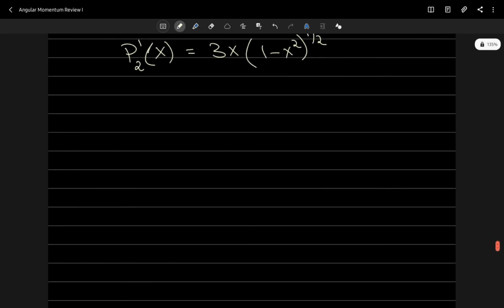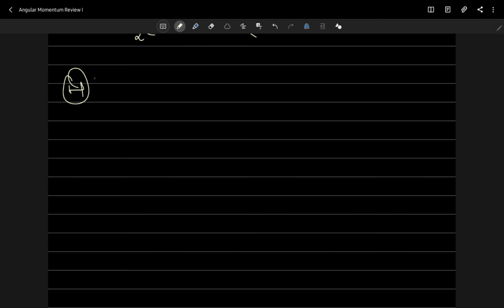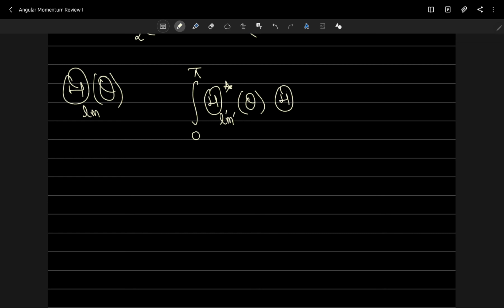Now these functions that we just figured out are normalized such that this integral from 0 to pi, that was the limit on theta, of the conjugate of the function with L prime M prime of theta times this function Lm of theta, with a sine of theta d theta, which is your differential in terms of spherical coordinates, is delta L L prime.